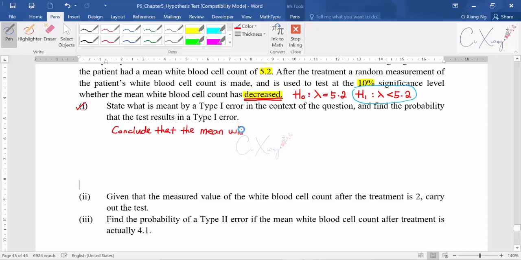white blood cell count has decreased. So this is what you conclude when you reject the null hypothesis. But the null hypothesis is true, although it is not.